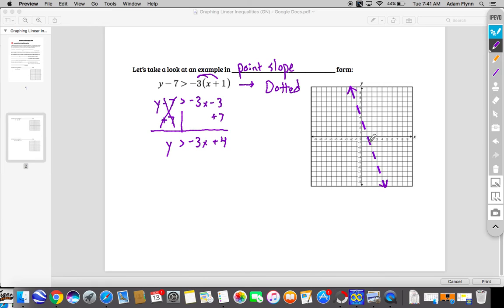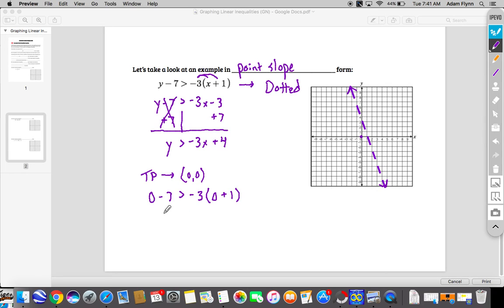Okay, so now I need to figure out where I'm shading. So I'll pick 0, 0 as my test point. So when I do that, I'll plug it into my original given inequality. So I have 0 minus 7 is greater than negative 3 times 0 plus 1.